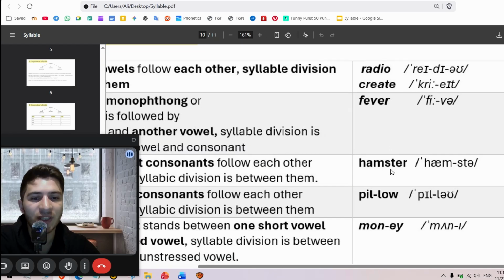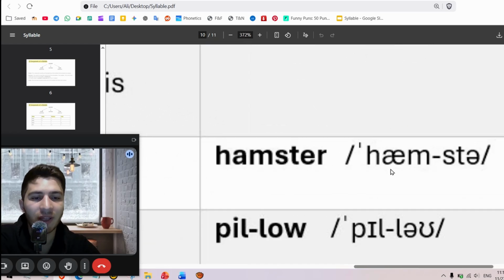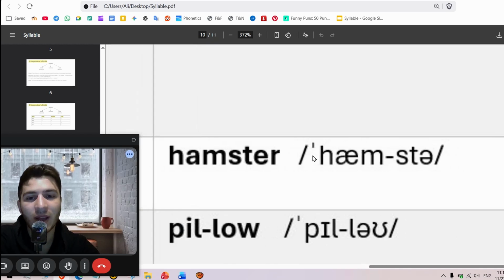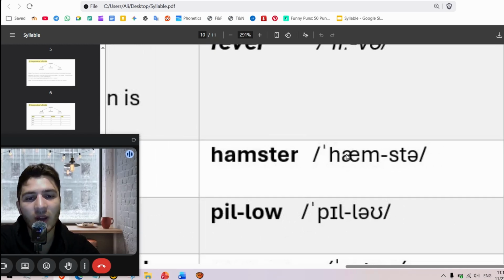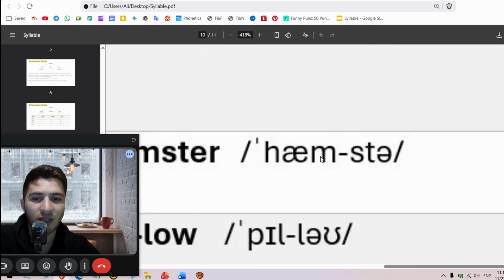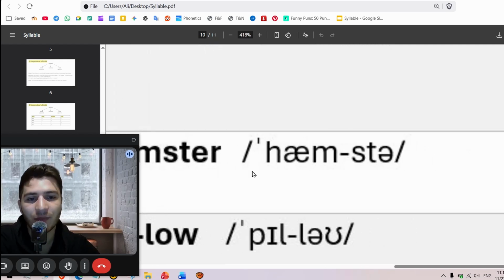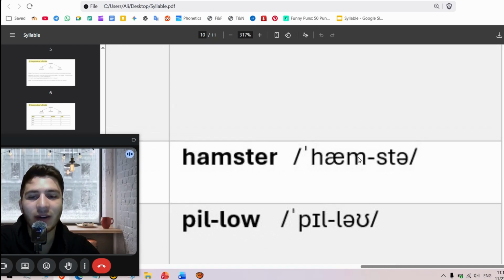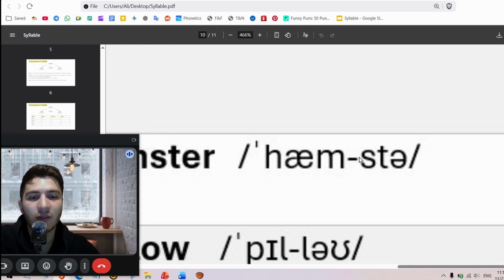Or, for example, our third rule. By the way, we must divide words into syllables according to their transcriptions, not their written forms. So if we want to divide the word hamster into syllables, we will take the two consonants and we will see that they are between two vowels.